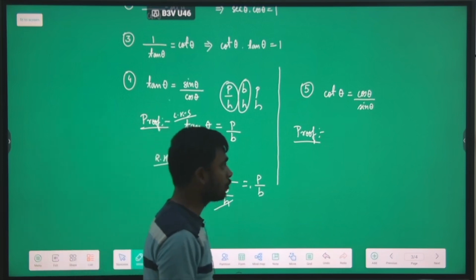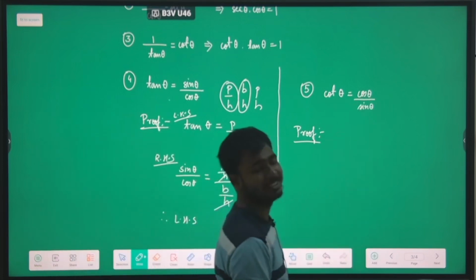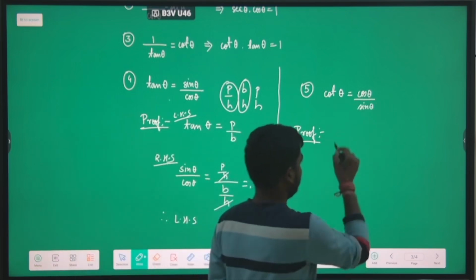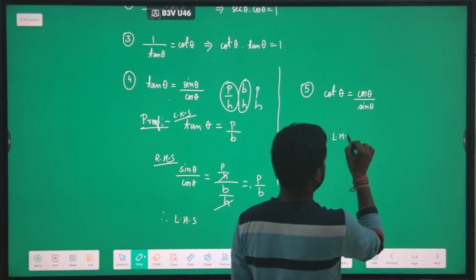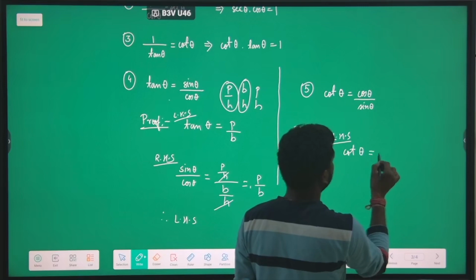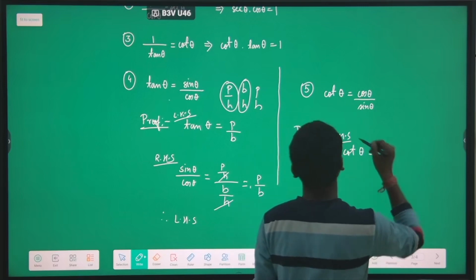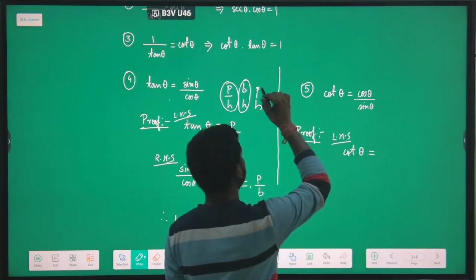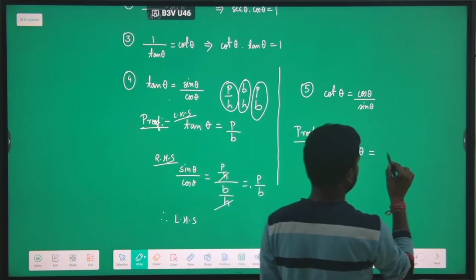Similarly, our cot theta is equal to cos theta upon sin theta. Let us take LHS. Cotangent of theta will be B upon P, the opposite of tan.